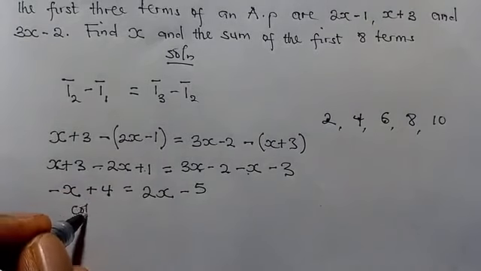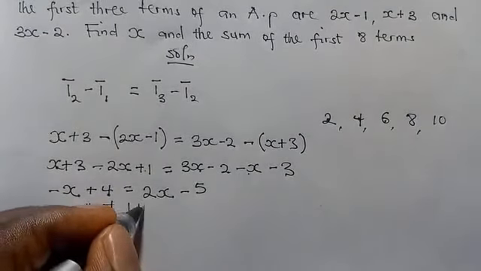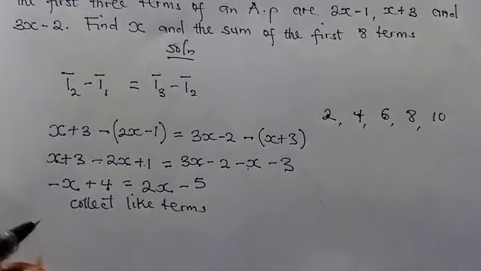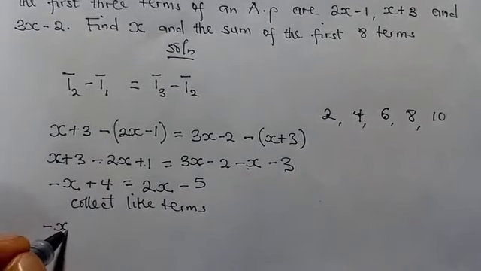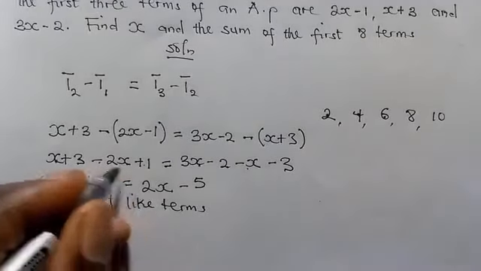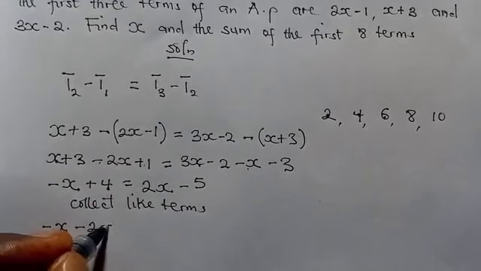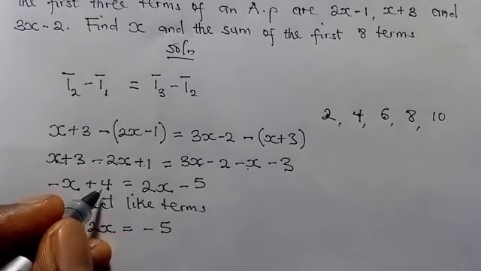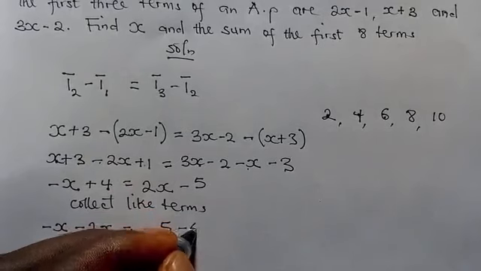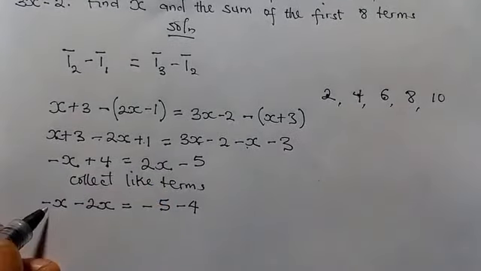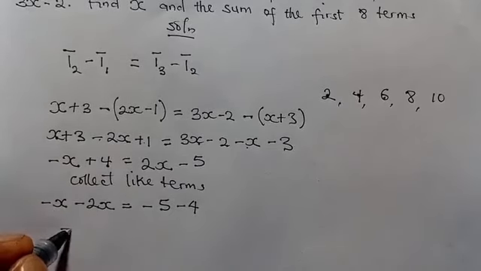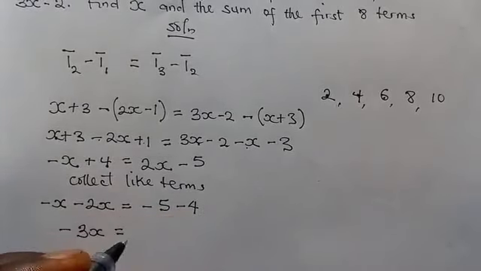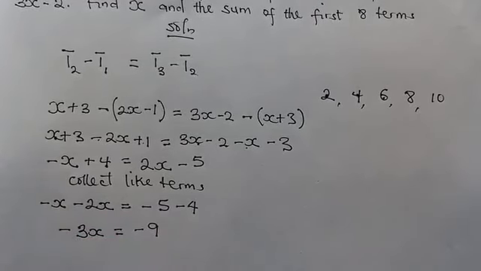At this point, we'll collect like terms. So that we have minus x, plus 2x crossing the equality sign, we have minus 2x. And that's equal to, we are left with minus 5 here. Plus 4 crossing the equality sign turns minus 4. So that we have minus x minus 2x giving us minus 3x equal to minus 5 minus 4 gives us minus 9.